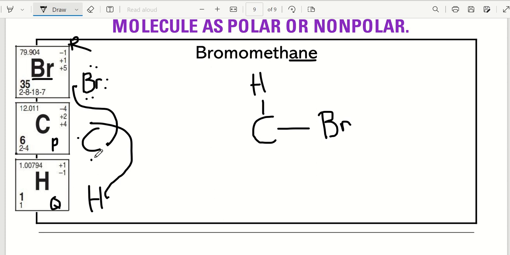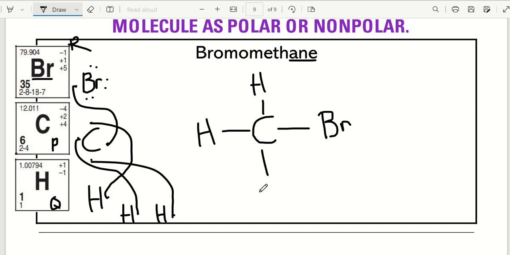Well, I still have these 2, which means guess what I have? More hydrogens, right? Methane normally has 4, but since the bromine is taking the place, I'm going to have less. So let's do this one, and it is connected here to a hydrogen. Let's do this one, connected here to a hydrogen.